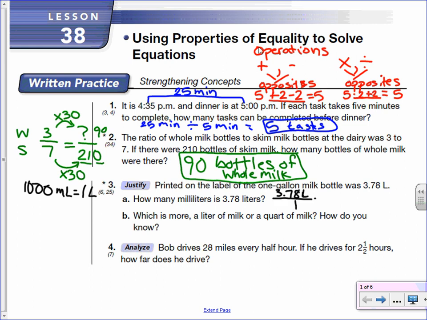And then liters must go on the bottom, so it cancels with this liters. When I multiply by 1,000, I move the decimal point 1 place for each 0 I have. So I have 3 zeros. I move the decimal place to the right when I'm multiplying by that. So 1, 2, 3 places. So that means that my final answer is 3,780.